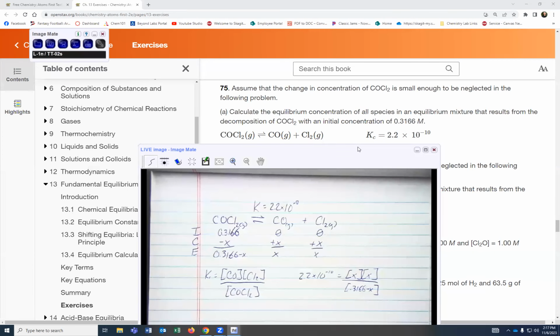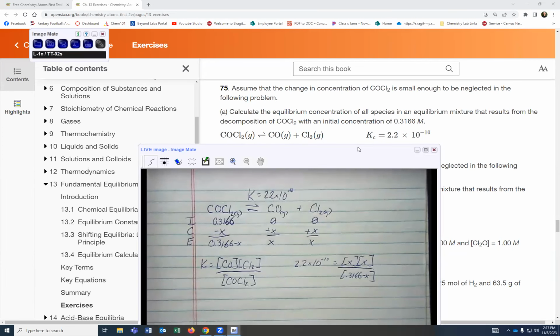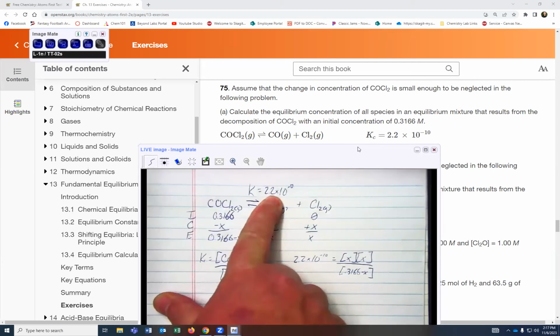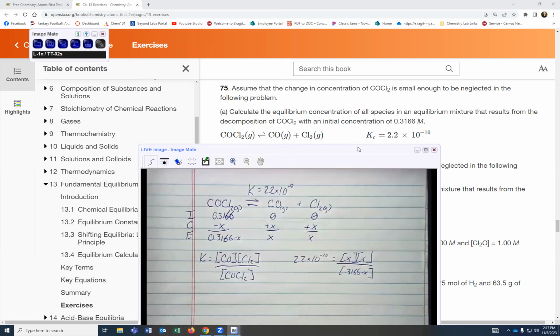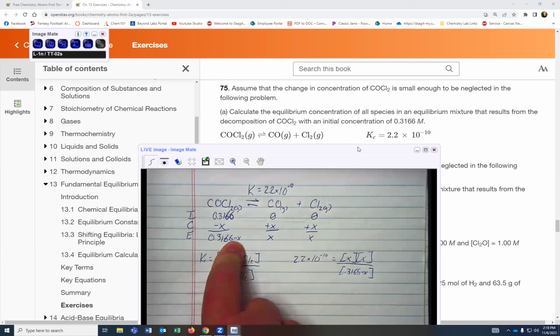Let me state why we can do it one more time so you understand. We know that this equilibrium constant is a really small number. What that tells us is that at equilibrium, this reaction should have almost 100% reactants and almost 0% products. A really small K means that we have almost no products at equilibrium. So we know that 0.3166 minus X is likely to be very, very close to 0.3166.